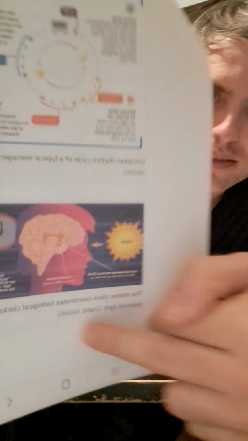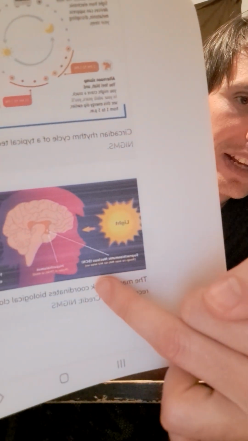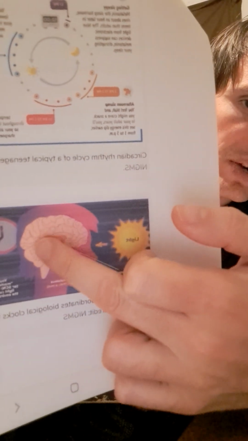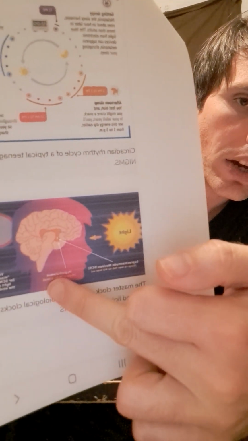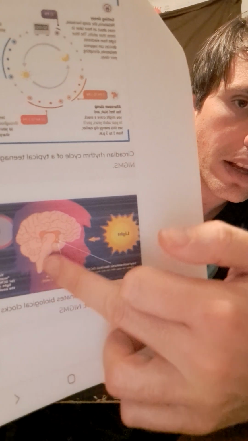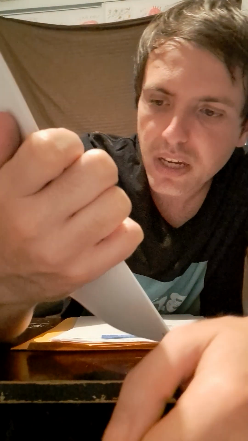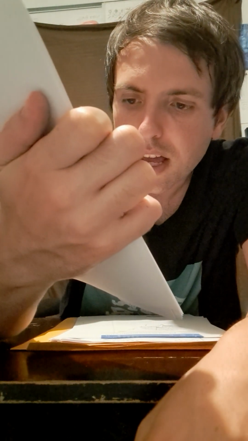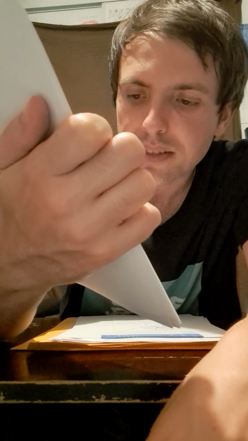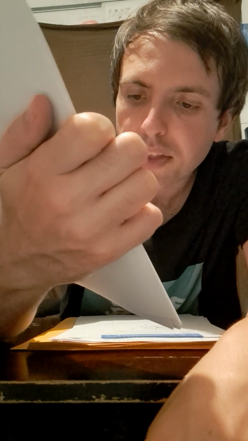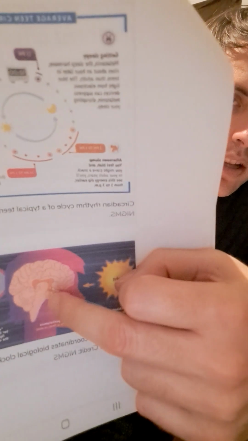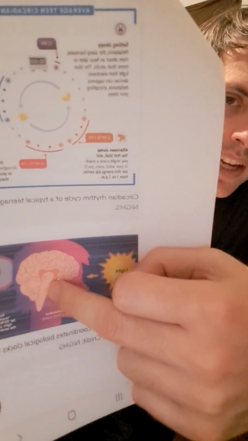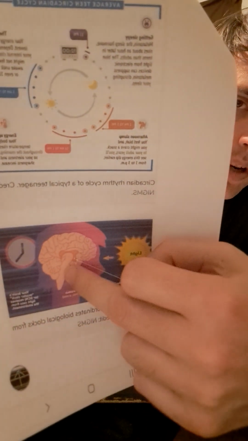That's called the suprachiasmatic nucleus, right in the middle of the brain here. And the other word in the middle of it is the hypothalamus. So that's the middle part right here in that person's brain.